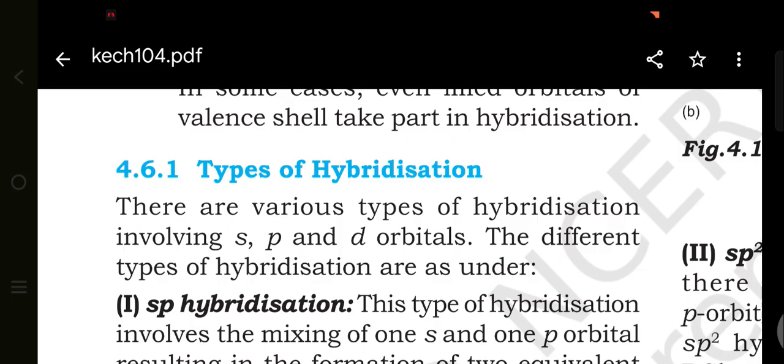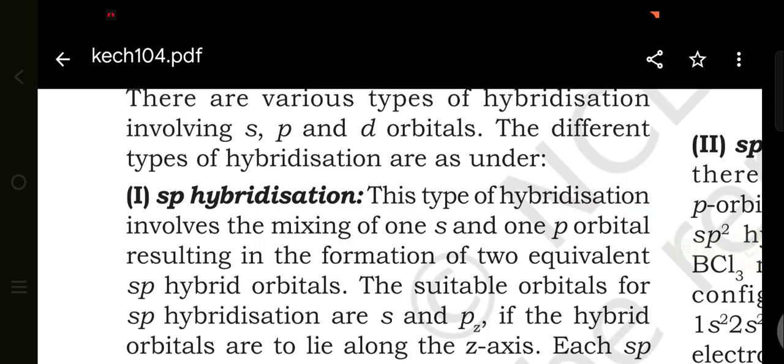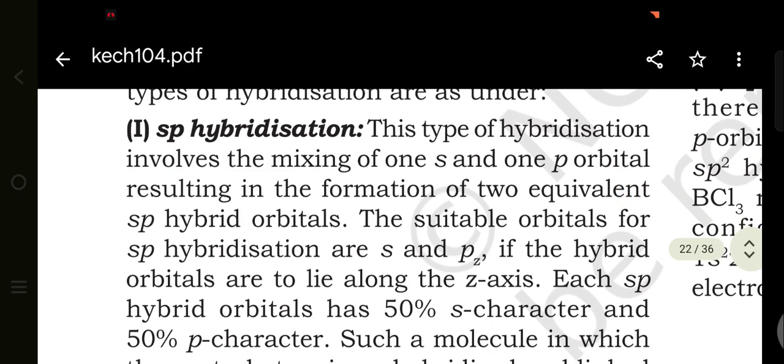Types of hybridization. There are various types of hybridization involving s, p and d orbitals. The different types of hybridizations are as follows. sp hybridization. This type of hybridization involves a mixing of one s and one p orbital, resulting in the formation of two equivalent sp orbitals. The suitable orbitals for sp hybridization are s and pz.